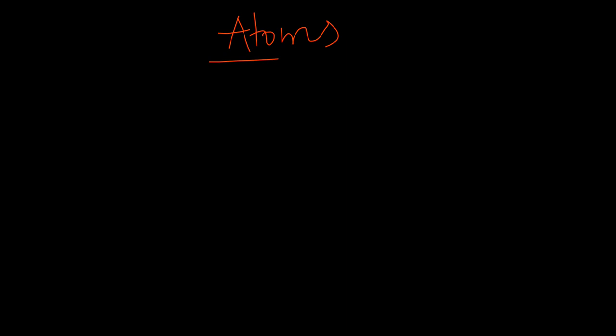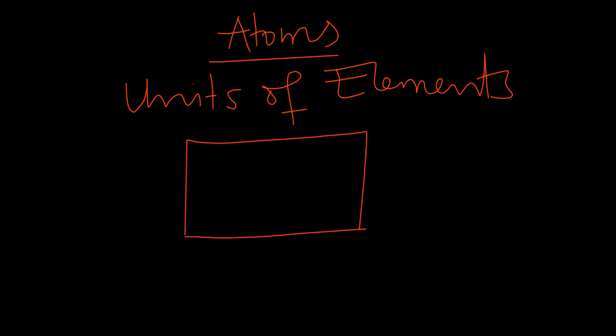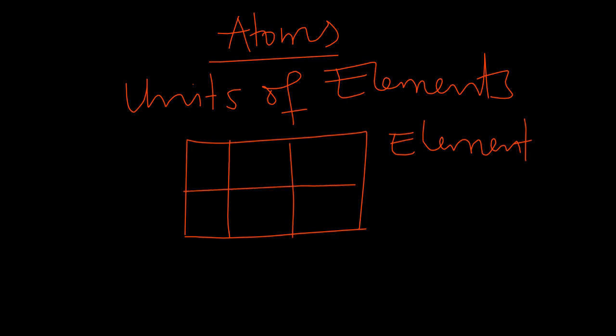So, what are atoms? Atoms are simply units of elements. What does this statement mean? So, let's draw an element. We use this diagram to represent an element. This element is made up of units. So, let's divide this element into units. In this case, we have 6 units that join together to form the element.